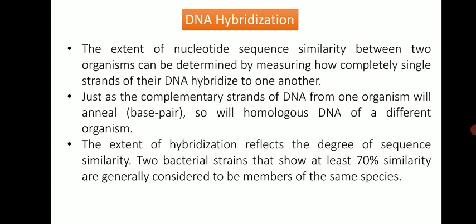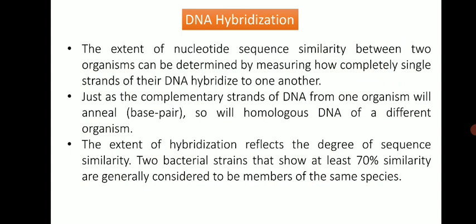If their base pairs or nucleotide sequences are similar, they can join, and the joining depends on the nucleotide percentage, meaning how homologous their DNA is. The extent of hybridization reflects the degree of sequence similarity, and two bacterial strains that show at least 70% similarity are generally considered to be members of the same species.